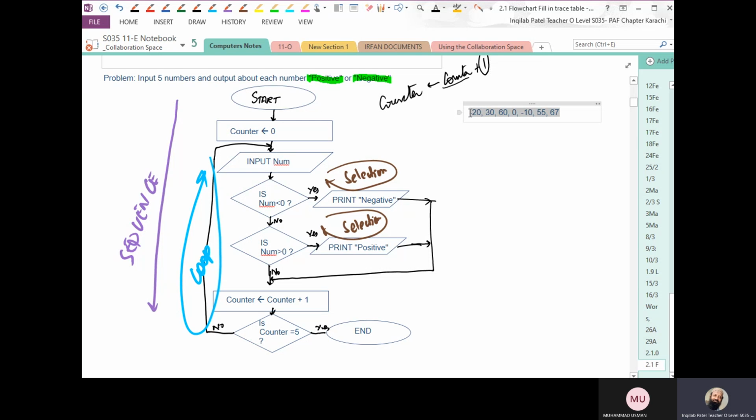We have these numbers. Firstly, what will we do? We will input num, then there is counter, and there is output.